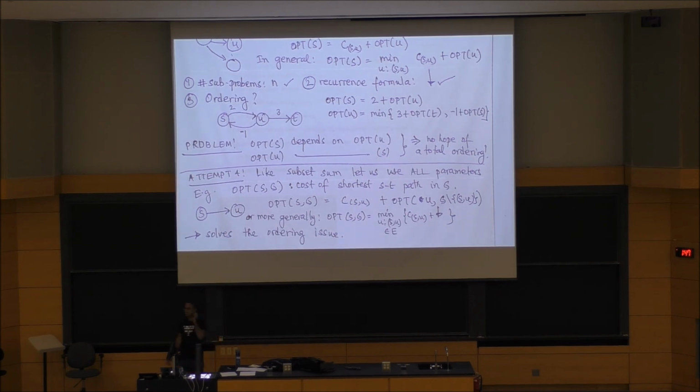But there's still an issue, and you know what's going to fail, because I've already given you a recurrence relation. I've told you that the ordering won't work. So the number of polynomial subproblems is something that should fail. Do you guys see why you won't have polynomially many subproblems?